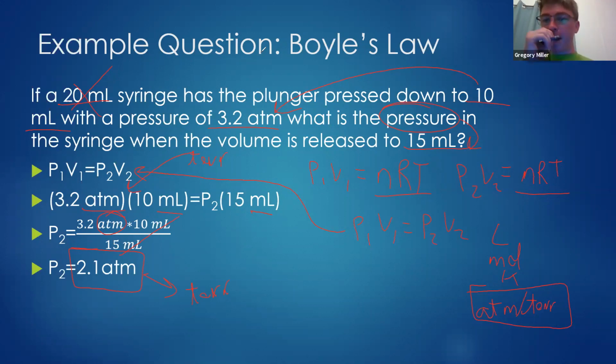But because the question didn't ask for it, we don't need to worry about it. The only thing that you will always have to convert is temperature must always be in Kelvin. It can never be in degrees Celsius. So that's the only one you will almost always have to convert. It's rare to get temperature given to you in Kelvin.